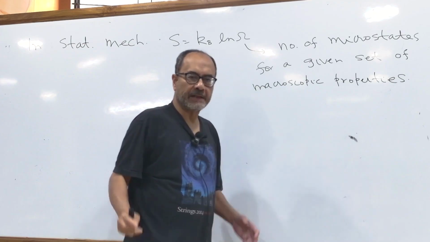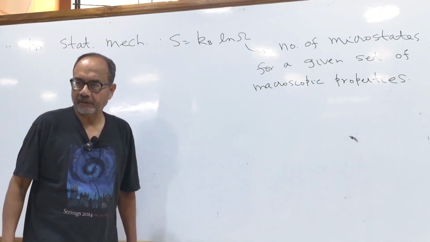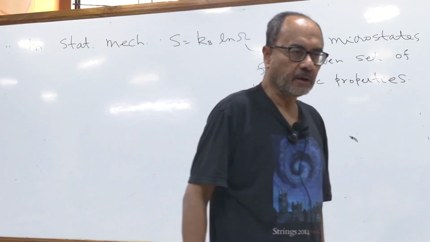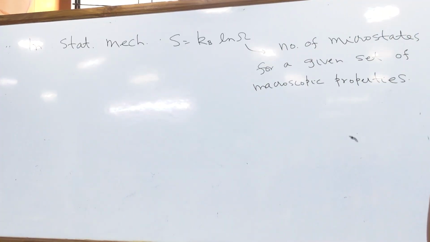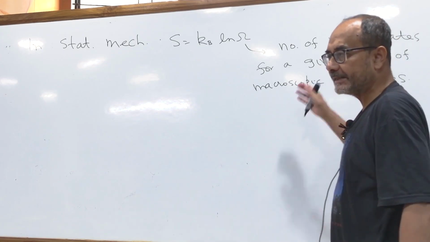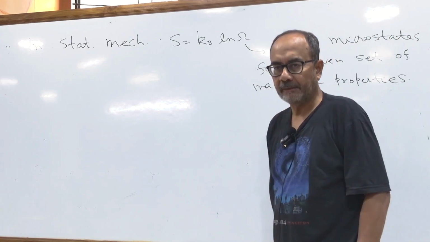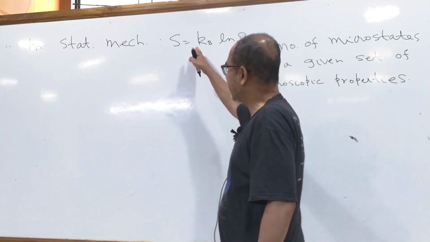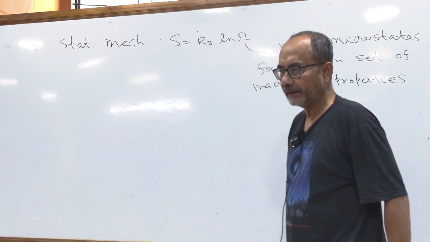Macroscopic properties are something that we can measure. For the black hole, for example, you can measure the mass, the area, and so on. So you can try to fix those, and then ask how many quantum states there are for this system. One would expect that in statistical mechanics there should be a formula like this: S equal to Kb log omega.